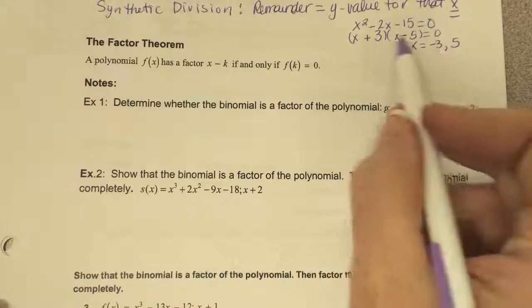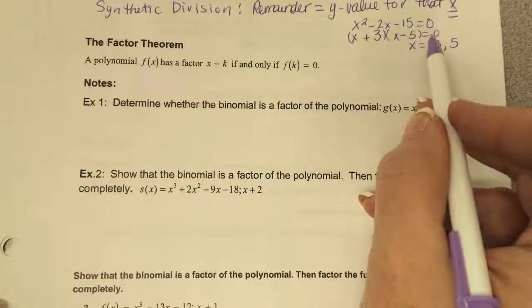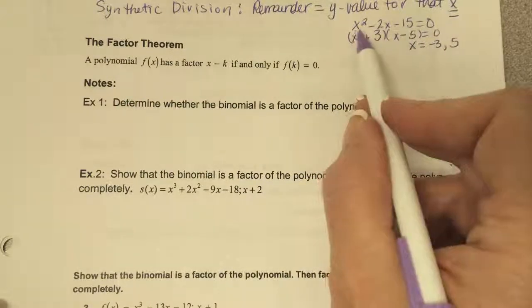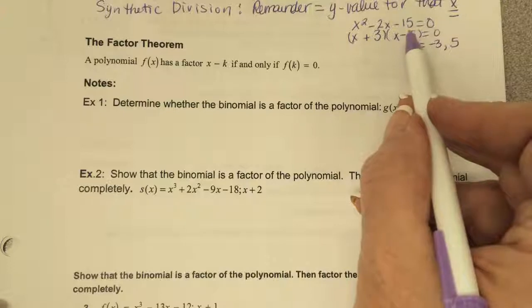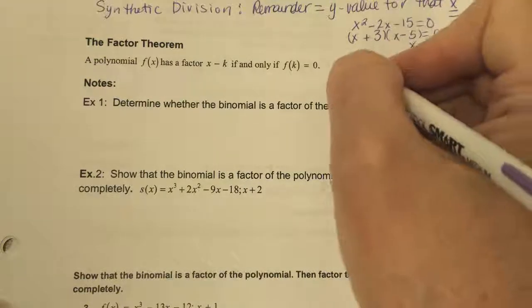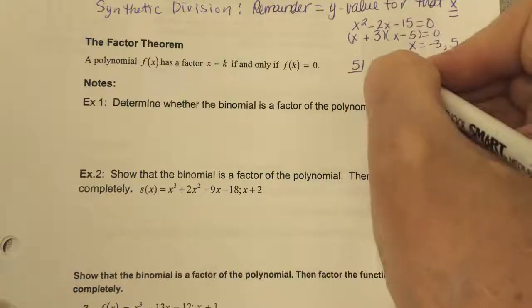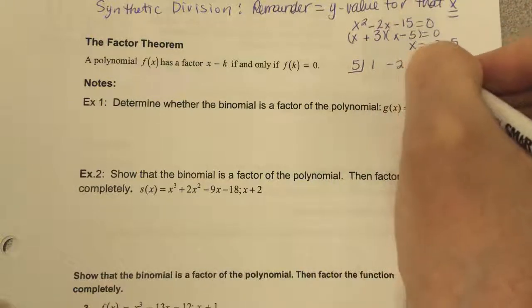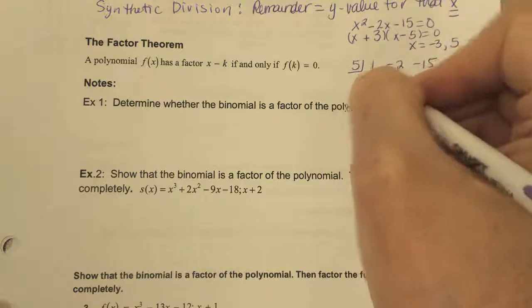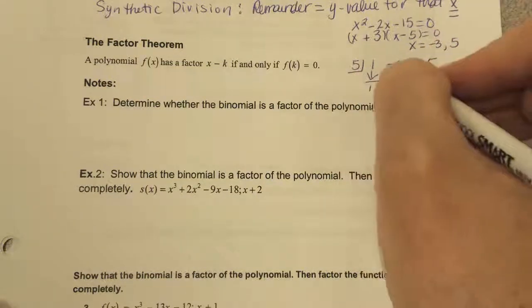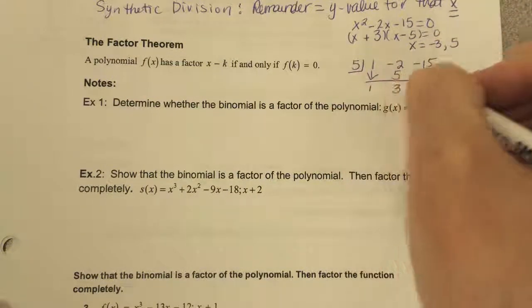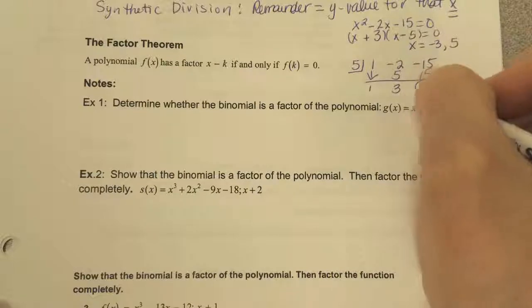So when I plug in negative 3 into this, I would get 0. If I plug 5 into this, I would get 0. Watch with synthetic division. I put 5 in the box. I put my coefficients 1, negative 2, negative 15. I bring this down, that's 1. Multiply, add. Multiply, add.